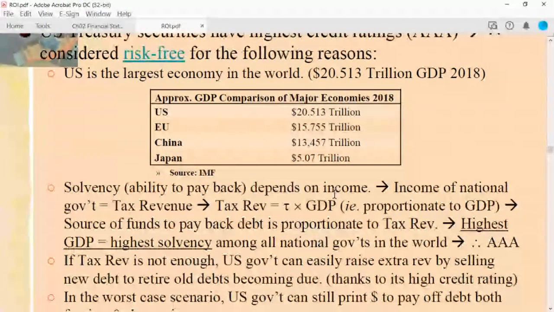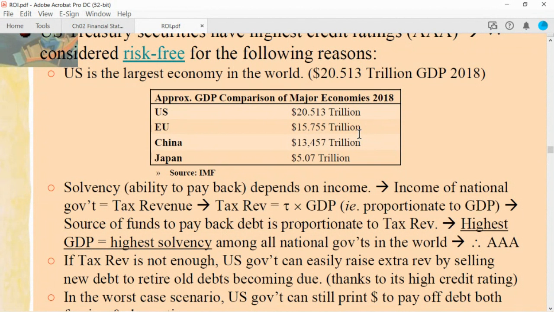And as we take a look at the GDP of a few major economies, the U.S. alone, this is data based on 2018. Of course, this data was collected in 2019. You cannot collect 2018 data during 2018; you can only collect it after 2018 is over.